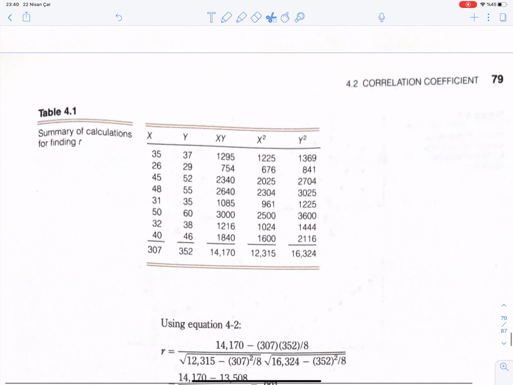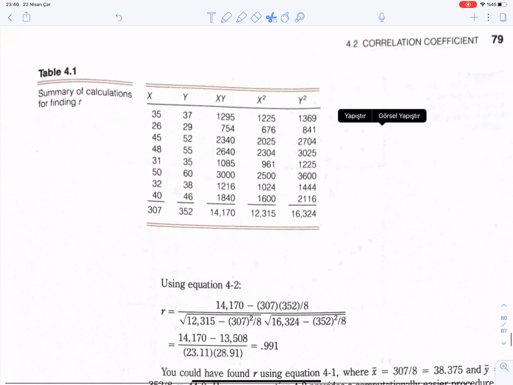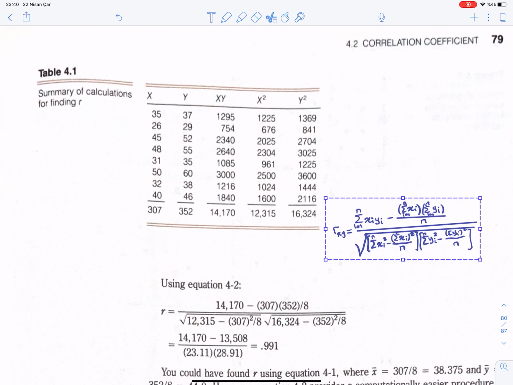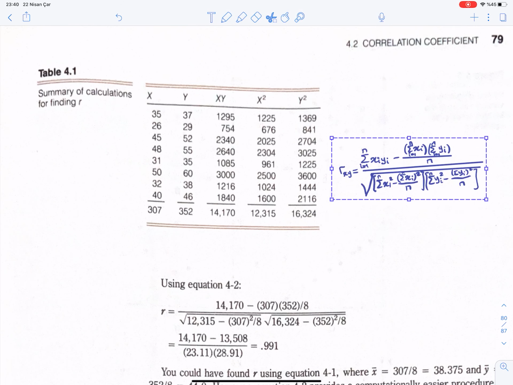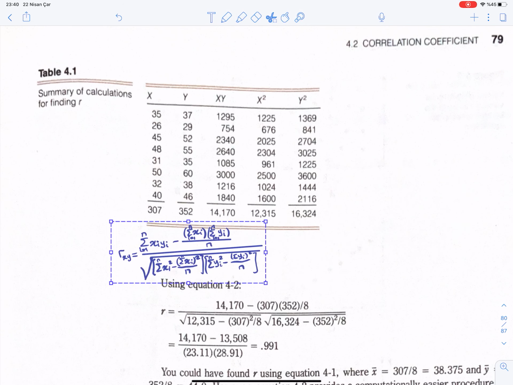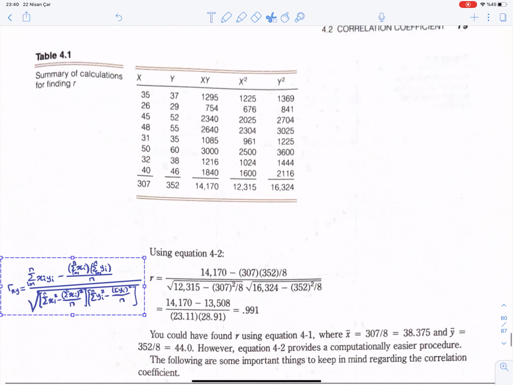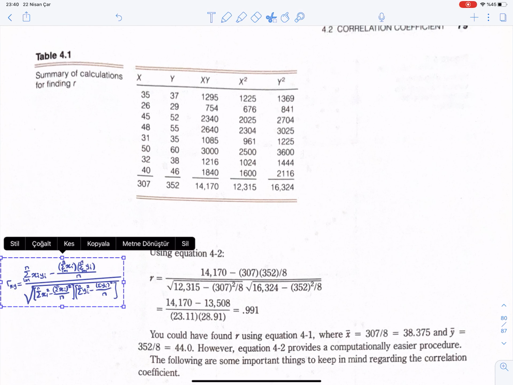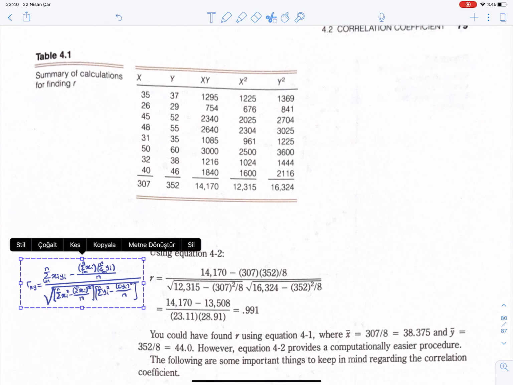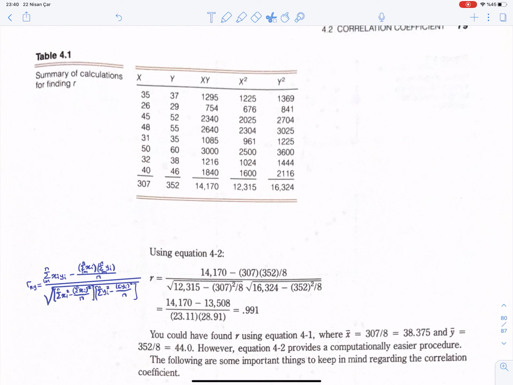I'm going to place it here. I have some space right here. Okay, this is the formula I have written. Let me shorten it and place it right here. Yes, so this is my formula.